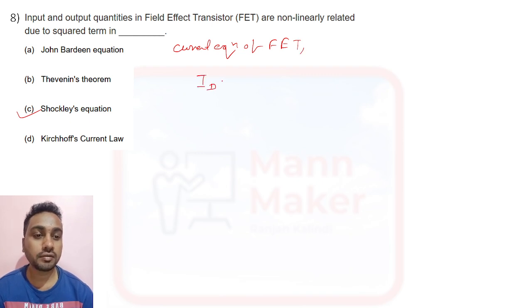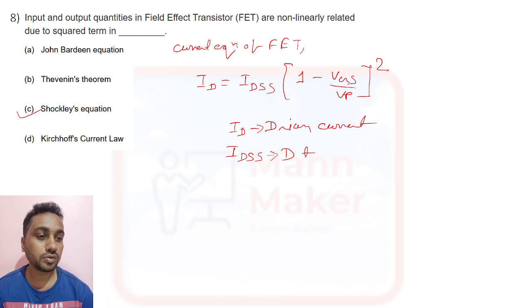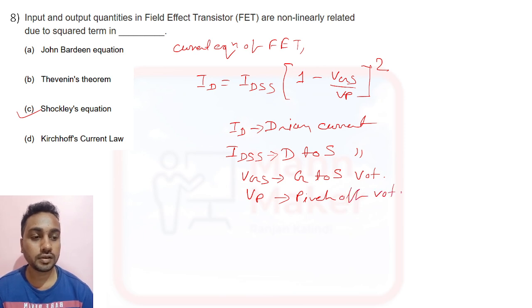That is, ID equals IDSS times (1 minus VGS by VP) whole square, where ID is your drain current, IDSS is the drain to source current, VGS is your gate to source voltage, and VP is called the pinch off voltage. This formula you need to remember. This is the Shockley equation formula.